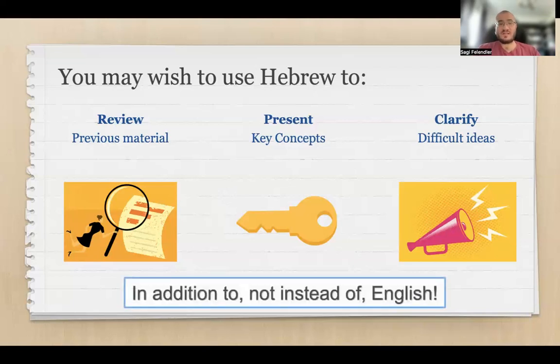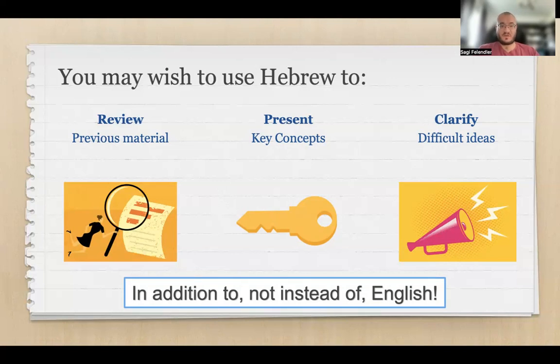I do want to clarify, though, that even though using Hebrew in these cases may be useful, it can only be used in addition to English. In other words, not instead of, not switching to review materials or present terms only in Hebrew, but, as we will see, add Hebrew to the English in order to make things clearer.